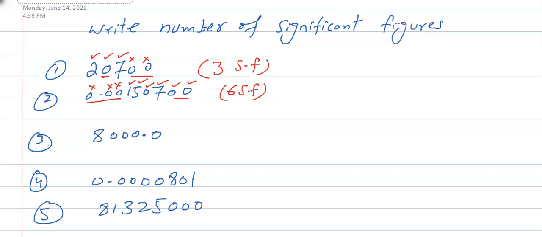Now this number 3, non-zero, significant. Okay, these are all zeros. It's a decimal number. So can anybody tell me how many significant figures are there now? Will these zeros be significant or not? It's 2 SF, I think.